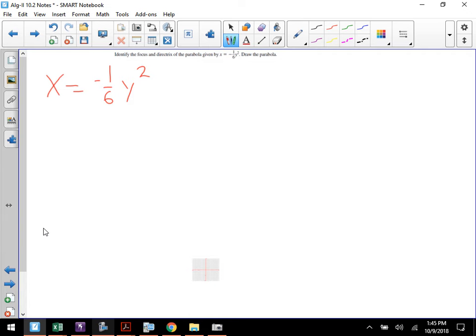It was, and I'm going to get to that here in a second. We know that, is this an x squared or a y squared parabola? Y squared. So I know that I need to get it to look like this: y squared equals 4px. Which means, what do I want to get by itself? Y squared. How do I move the negative 1/6?